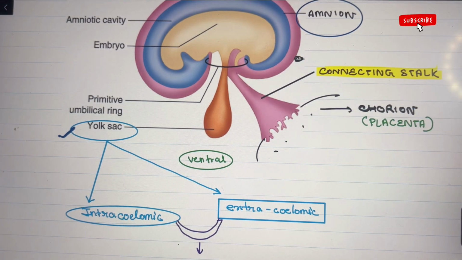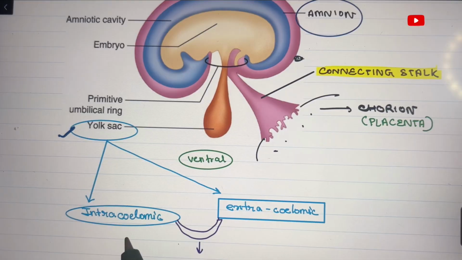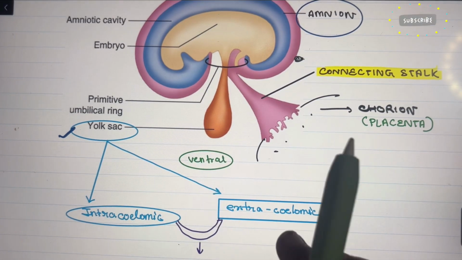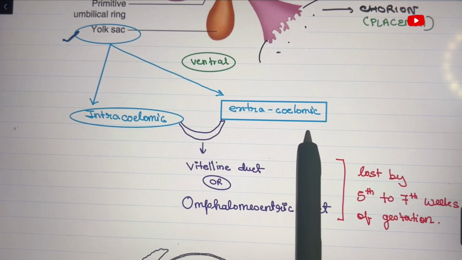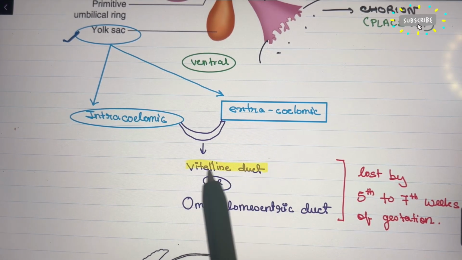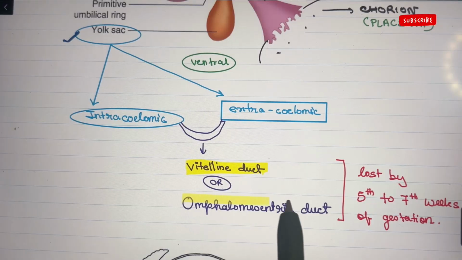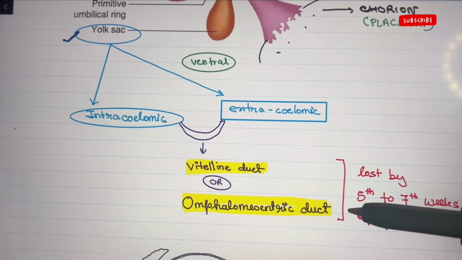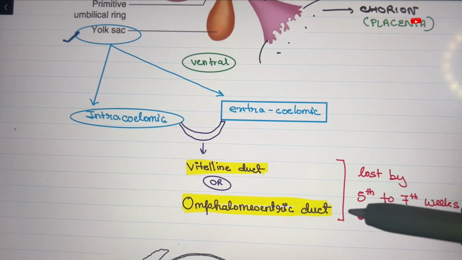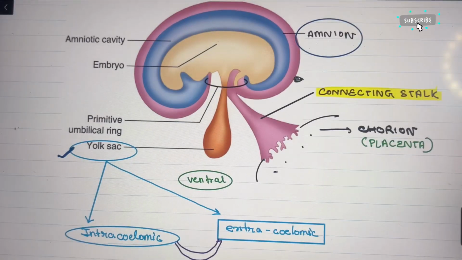Fine. So yolk sac may be intracoelomic or extracoelomic, and this intracoelomic yolk sac is connected to extracoelomic yolk sac by Vitteline duct, which is also known as omphalomesenteric duct. Very, very important. So again I will repeat once again for you.